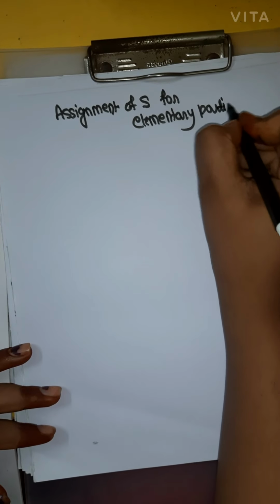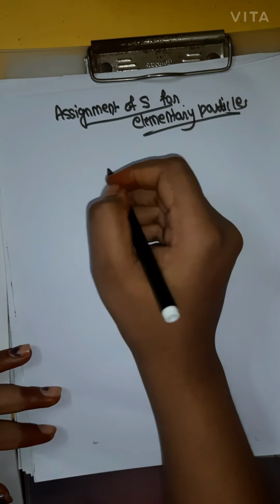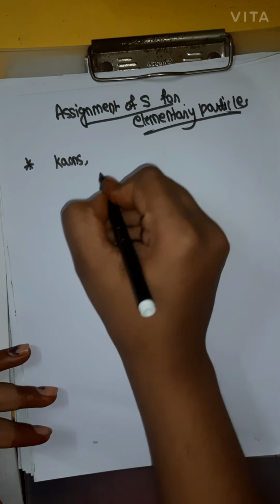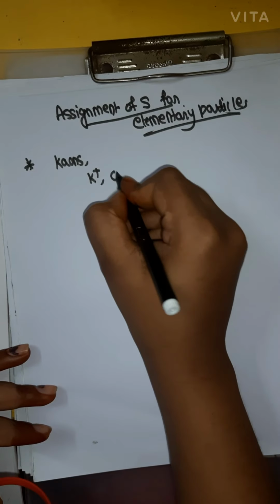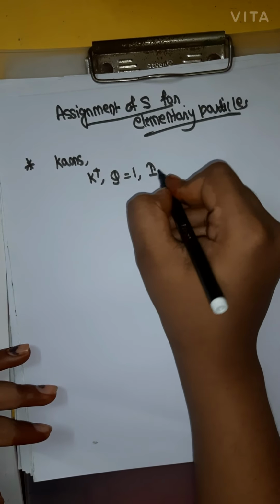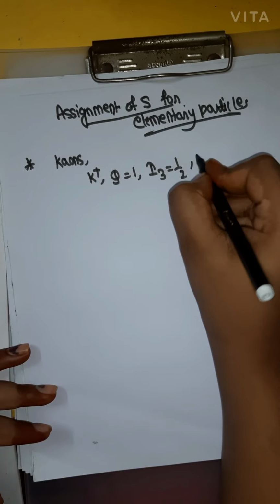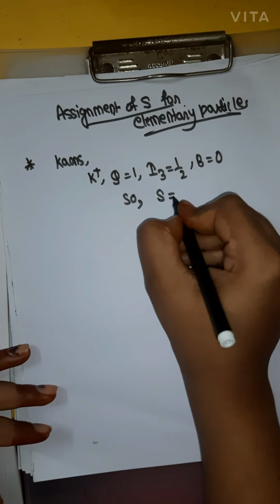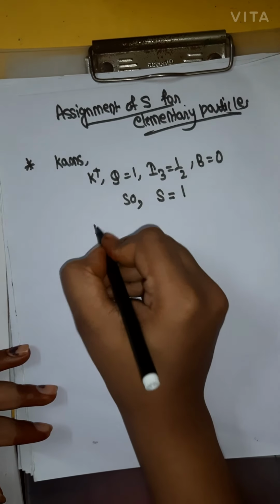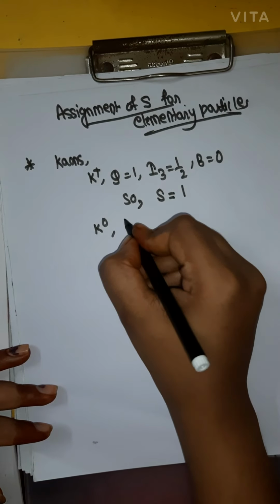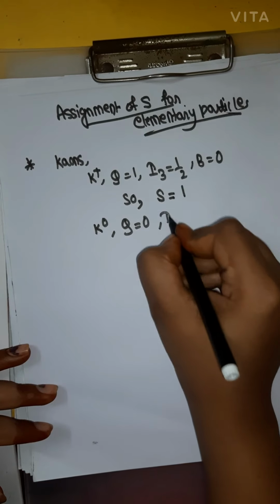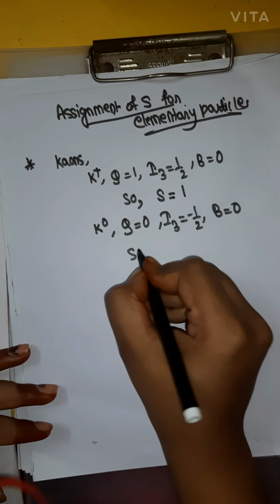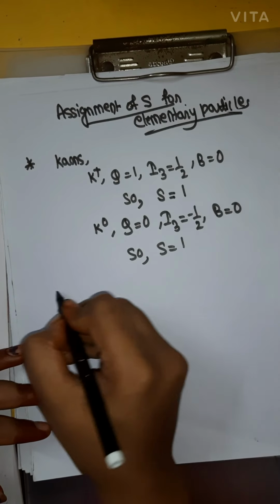First we will study kaons. For K plus, Q is equal to 1, I3 is equal to half, and baryon number is 0, so strangeness is 1. For K0, Q is equal to 0, I3 is equal to minus half, and B is equal to 0, so strangeness is 1.